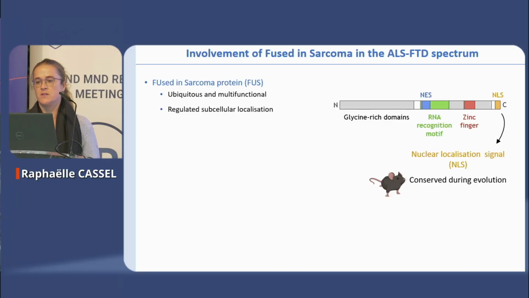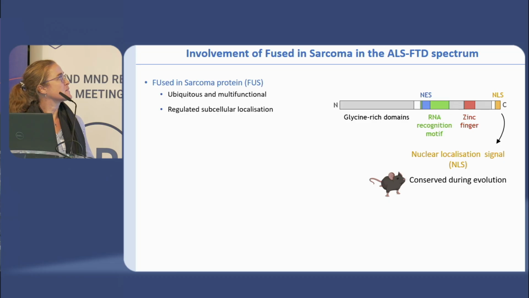So FUS is an RNA-binding protein that is ubiquitous and multifunctional, involved in a lot of functions, and to do that, it is composed of a lot of different domains.